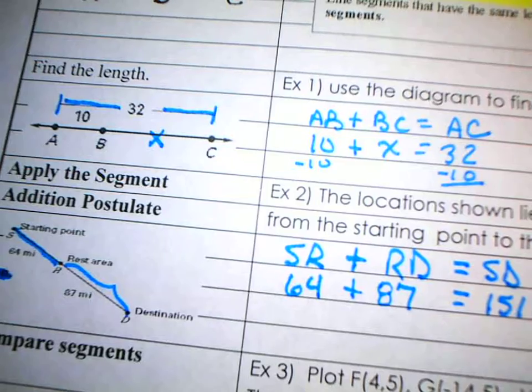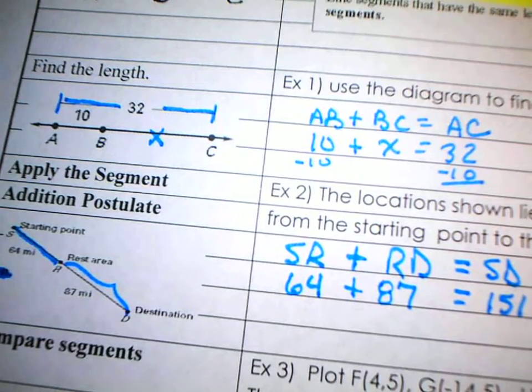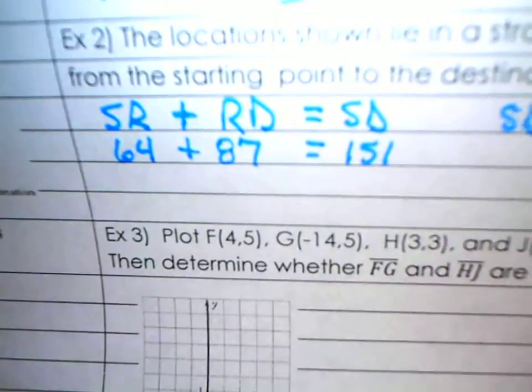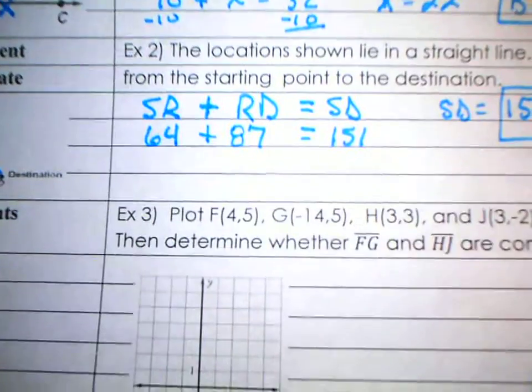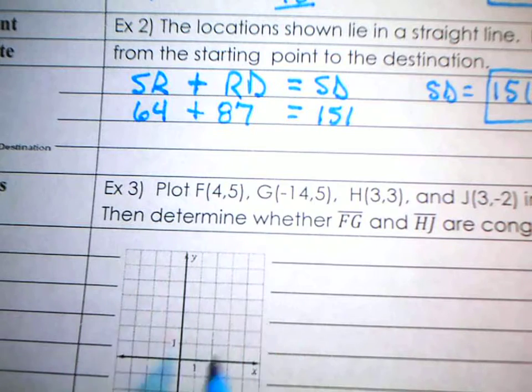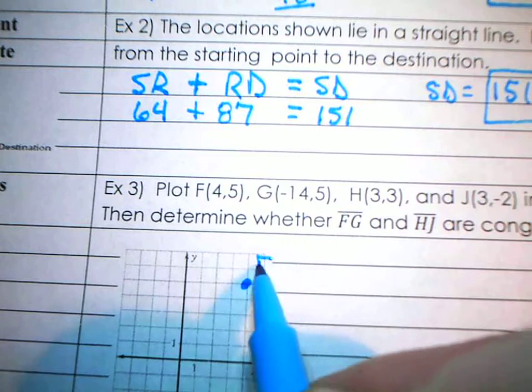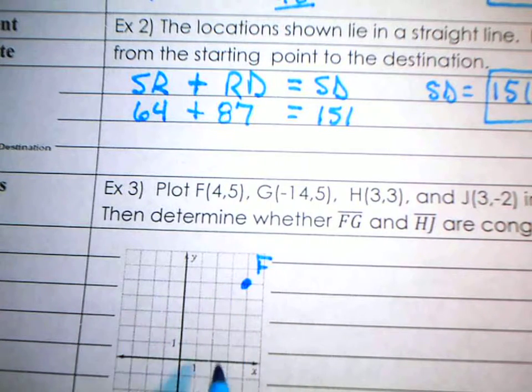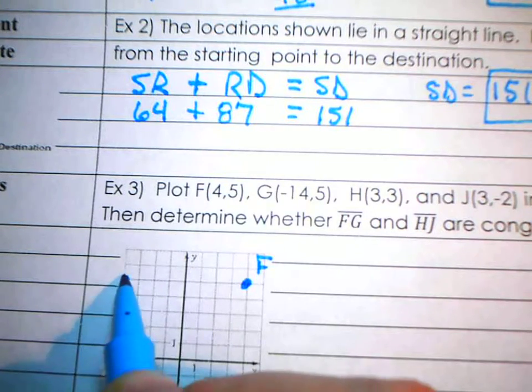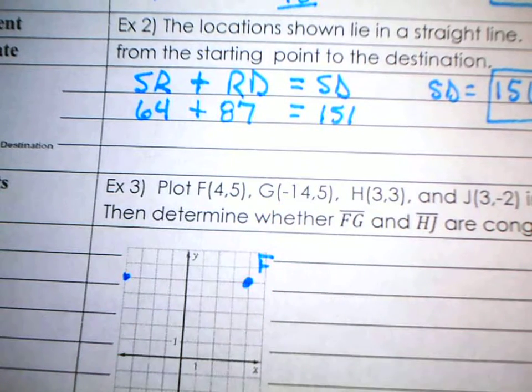Alright, on example 3, we're going to be comparing segments to see if they are congruent. On number 3, I have to plot the 4 points. Right here, I believe that is a typo on mine.